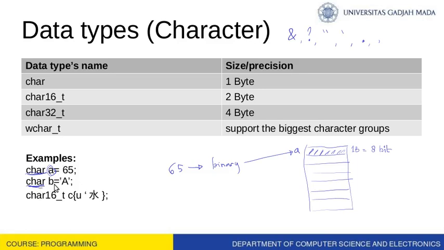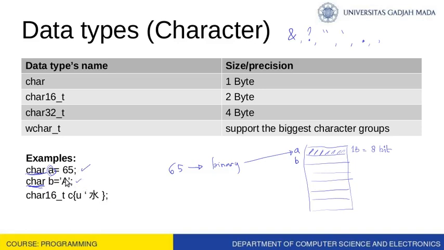So here in the second example, you have a variable with the name b, and inside of it you have the value a. What is the difference between the first example and the second example?